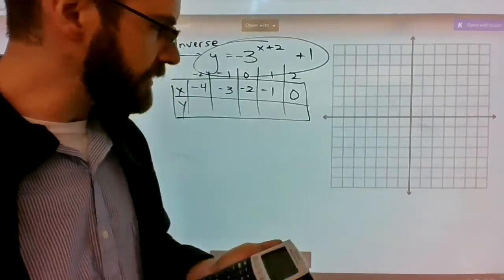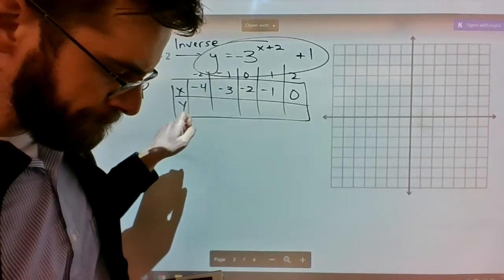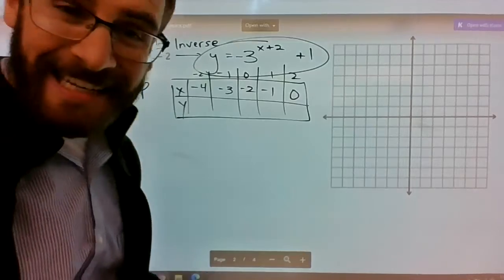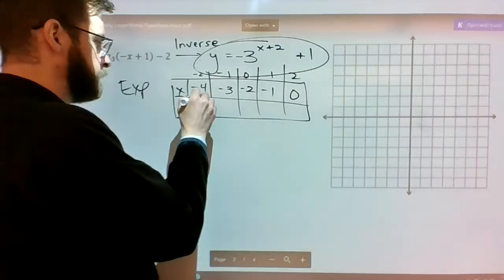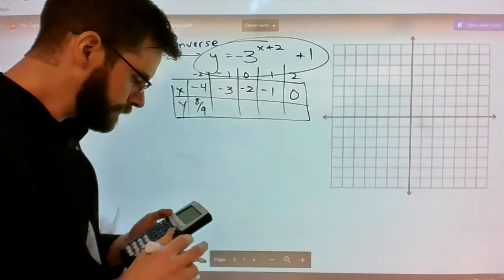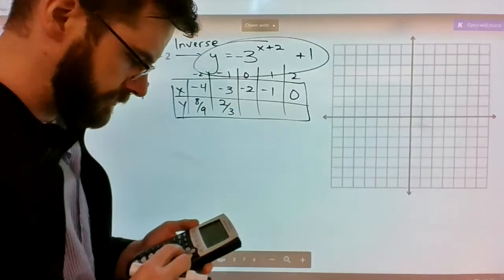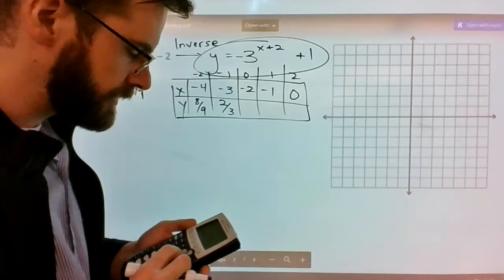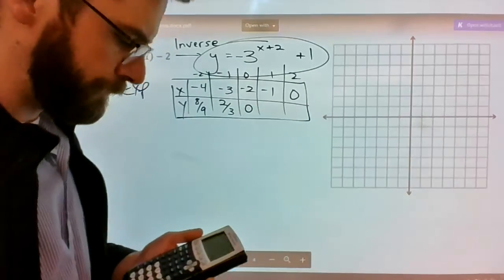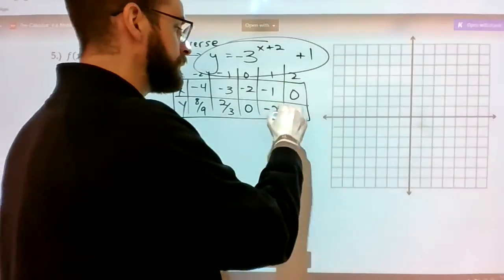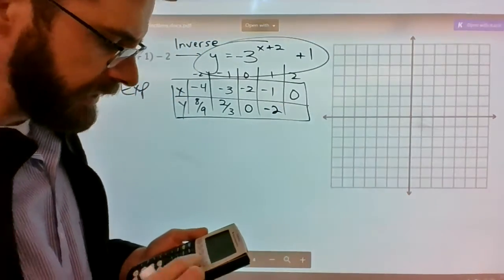The table gives us, at -4, 8/9. -3, 2/3. -2, 0. -1, -2. 0, -8.